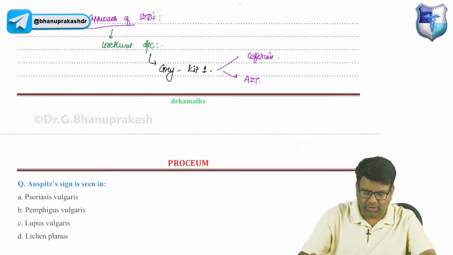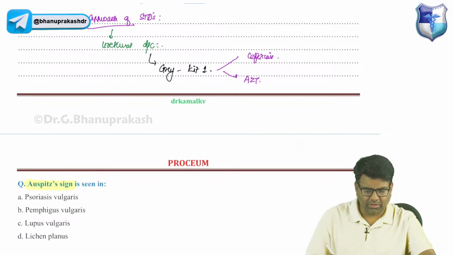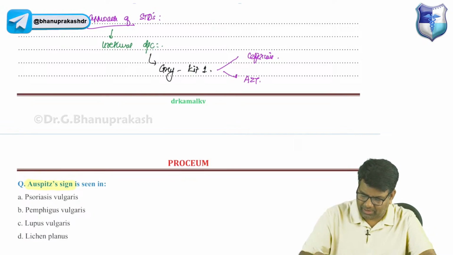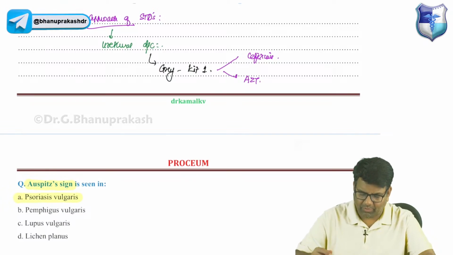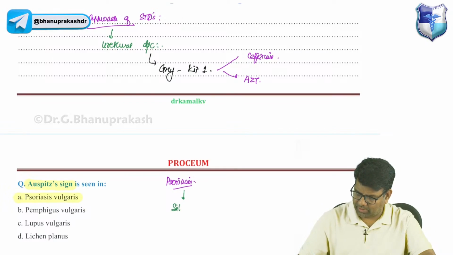Now, moving forward to next question, Auspitz sign. What is this Auspitz sign and where do we see it? Yes, this is seen in psoriasis vulgaris. Now, what is this Auspitz sign? Any idea? Very good. So we know that in psoriasis there are silvery scales.